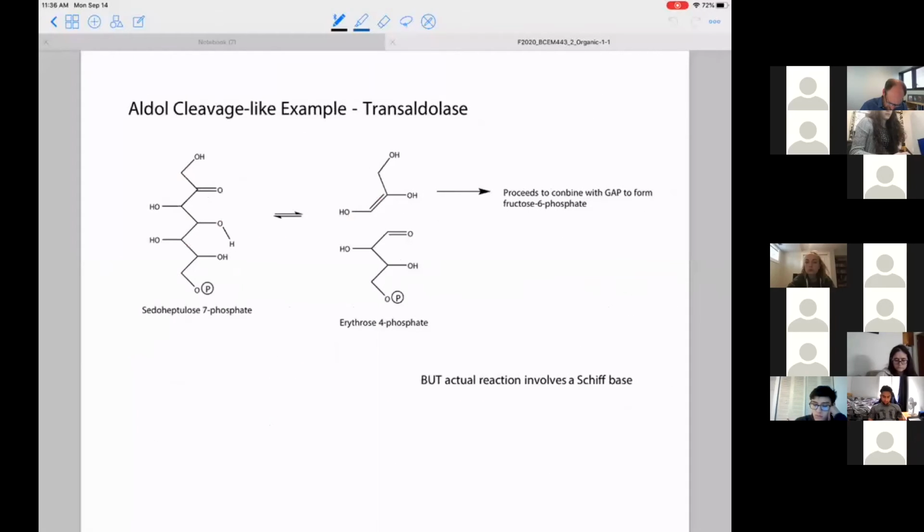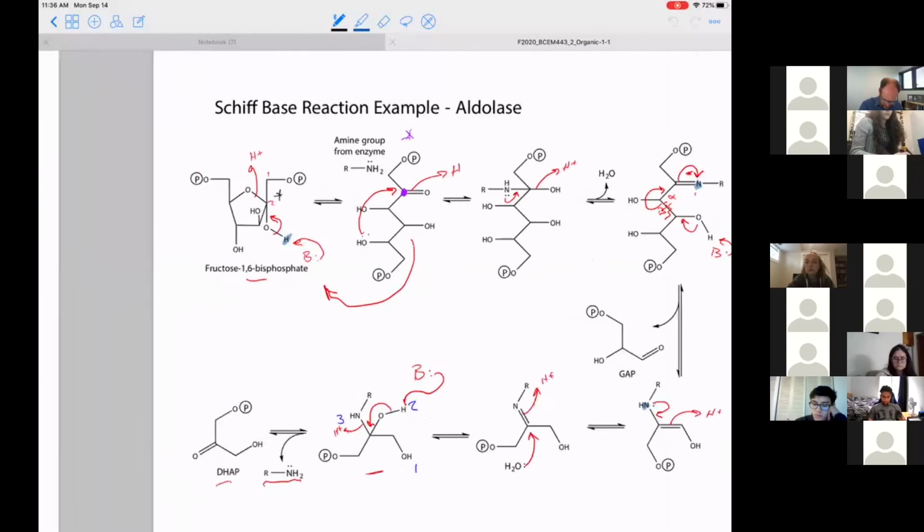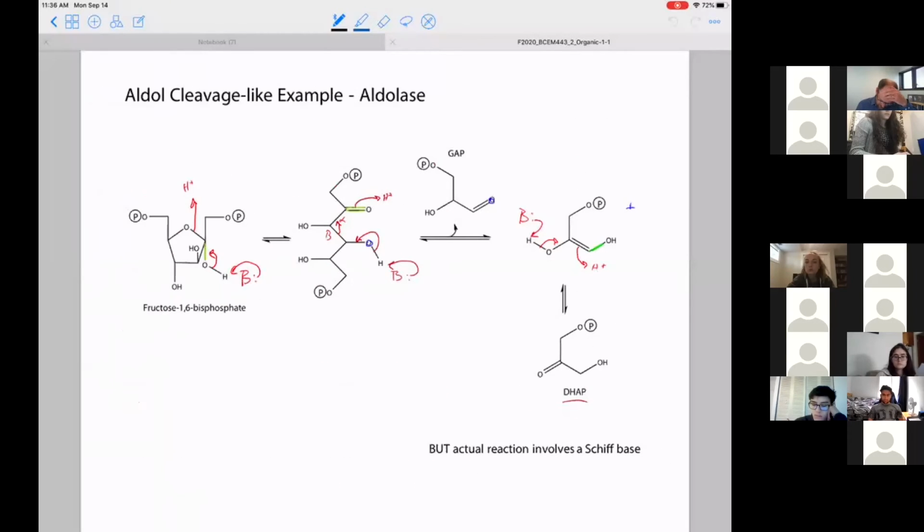Aldol cleavage. Like this one here? Another slide back. This one here? Okay. Yes, and it should be with DHAP after GAP leaves that molecule. Mm-hmm. After GAP. Oh, this guy right here. You want to just do this, that conversion right there? Yeah. Okay.